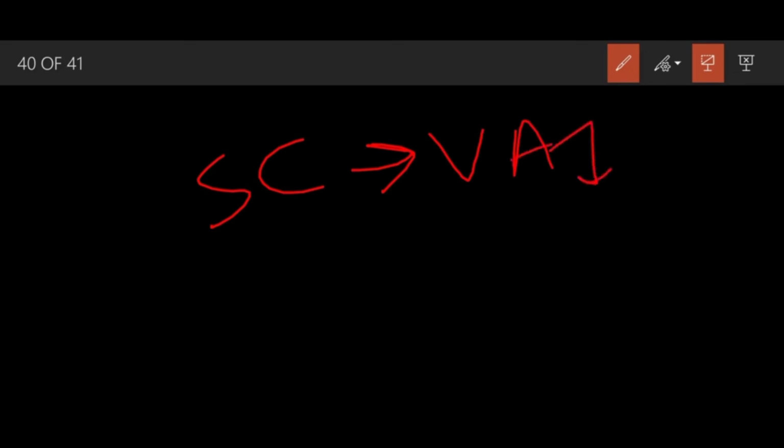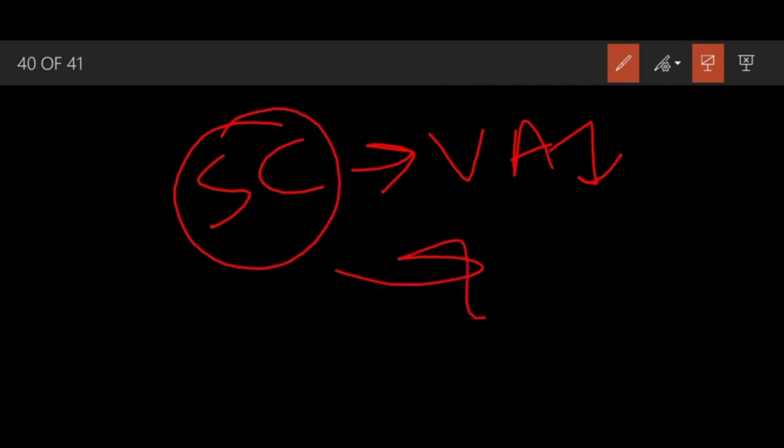Variance analysis tells you why the differences have occurred, so you can take some measures to take care of such differences. Standard costing is dealt with in a separate chapter in intermediate and final level.